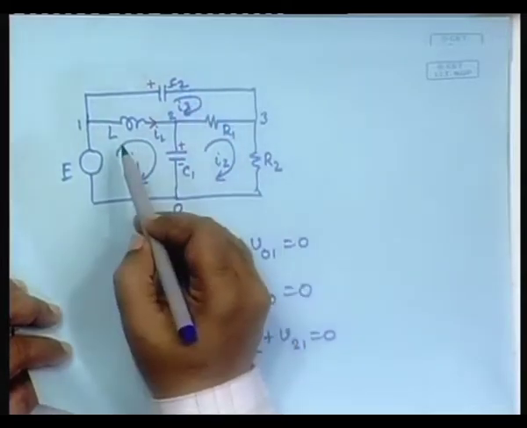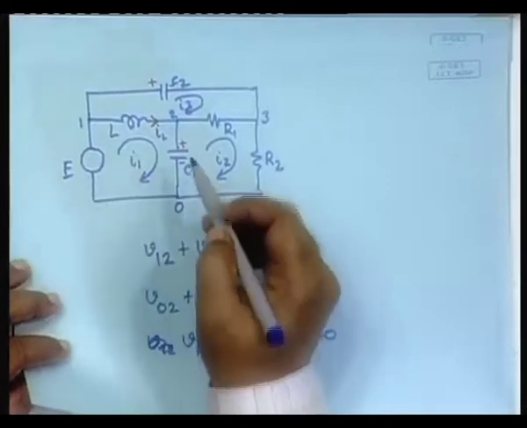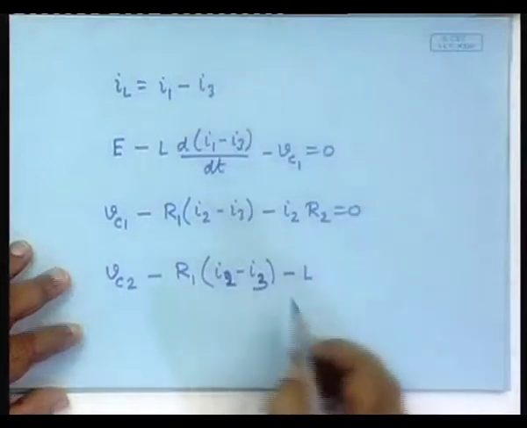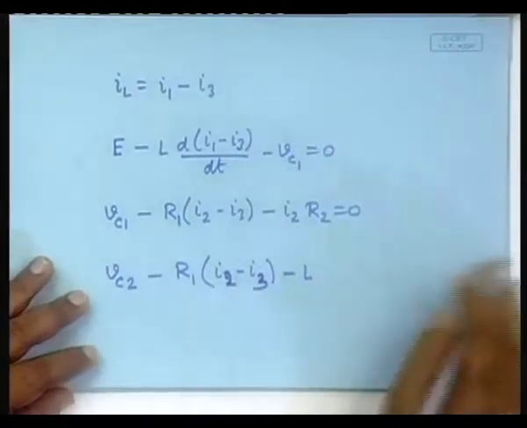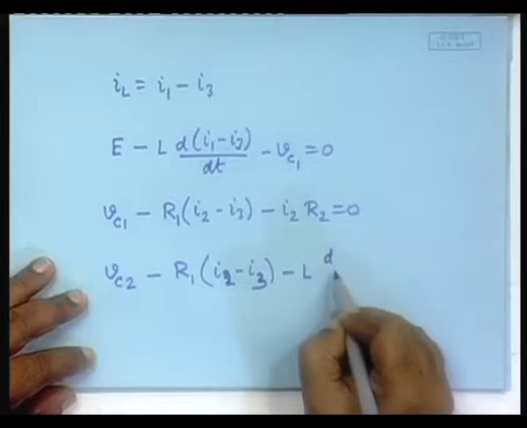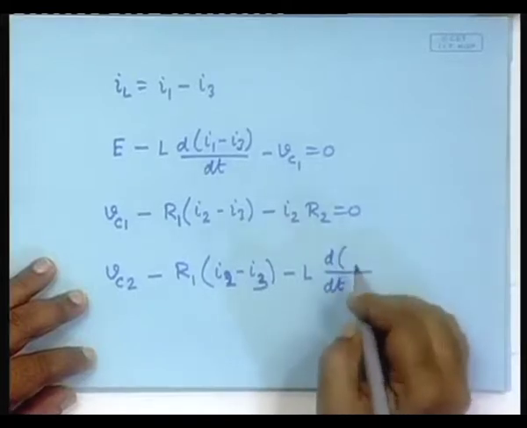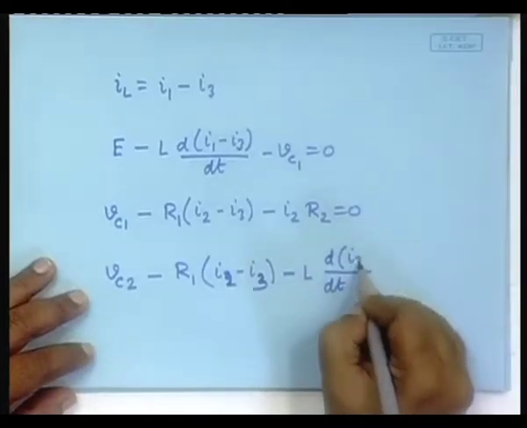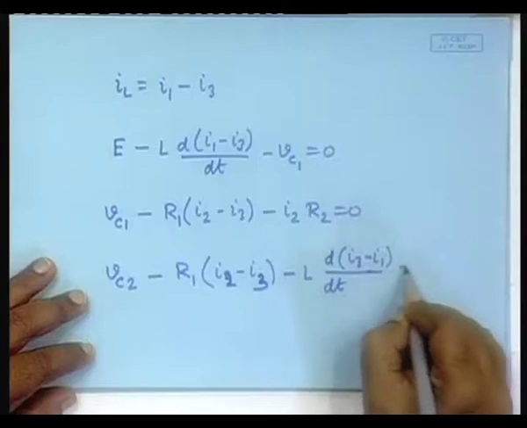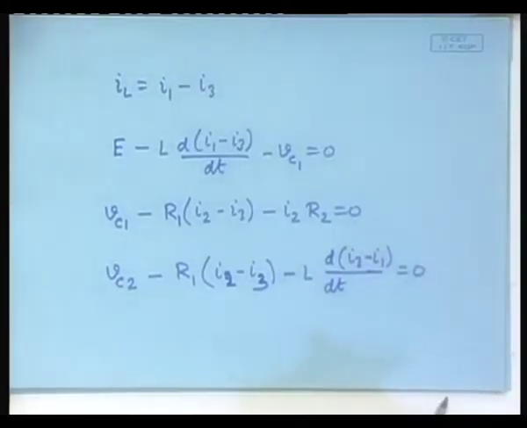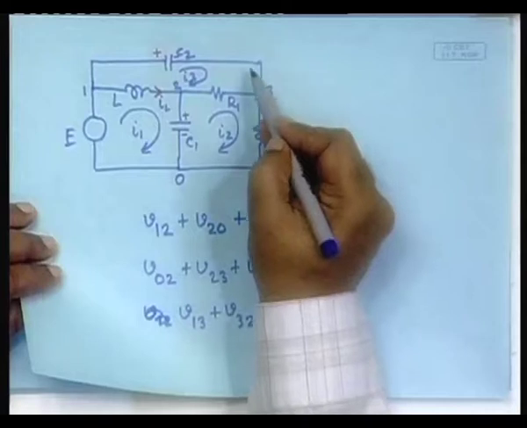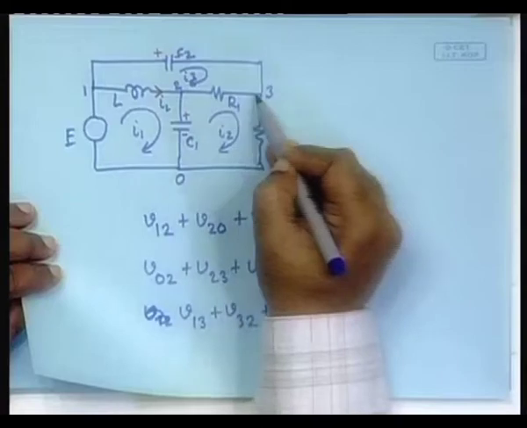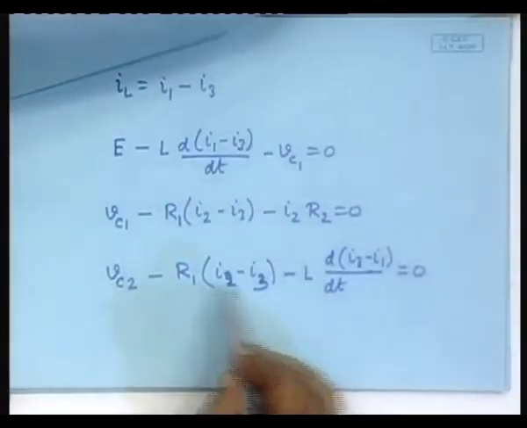So, either you put plus of this or minus of this. So, be careful about it. If I write minus here, it is L d/dt of I3 minus I1. Vc2 up, going down, plus minus minus.